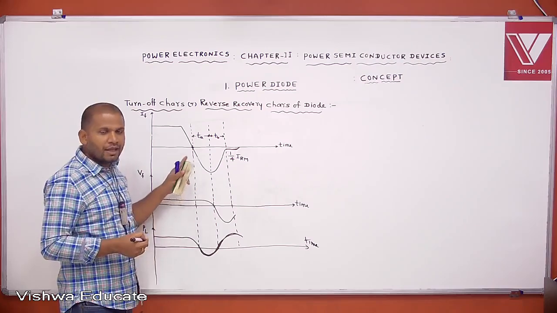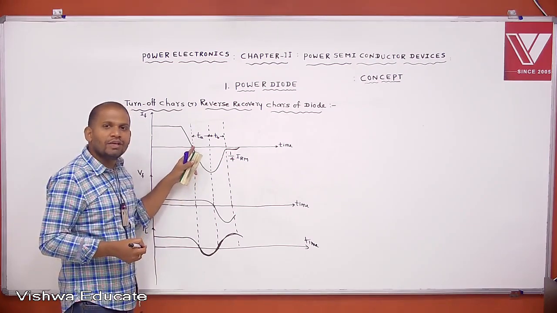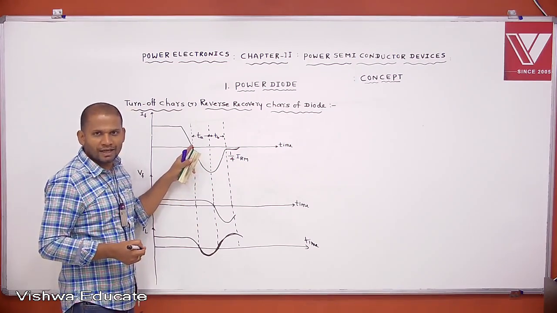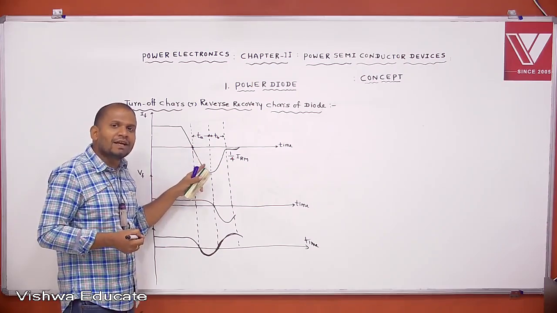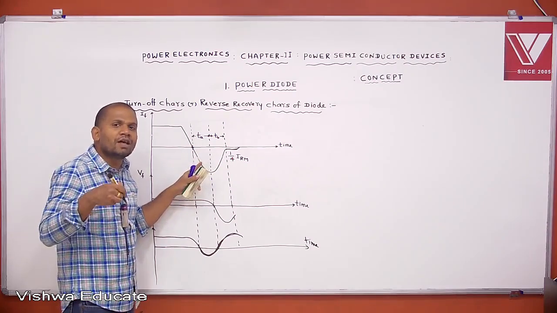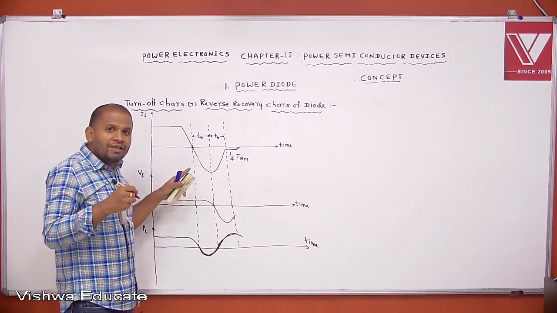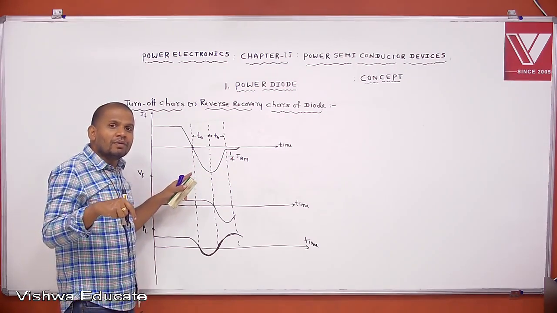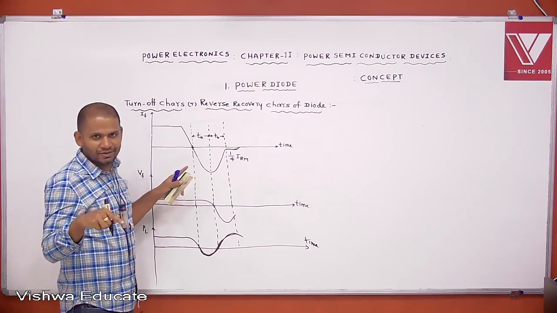Even though reverse voltage is applied at this instant, the diode does not stop conduction, but conducts in the reverse direction because of stored charges. Since the diode keeps conducting because of stored charges, the turn-off time will increase.